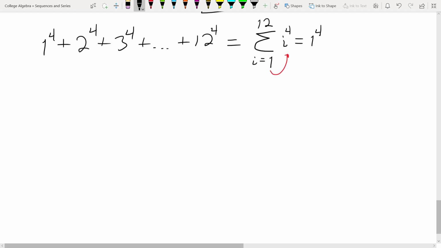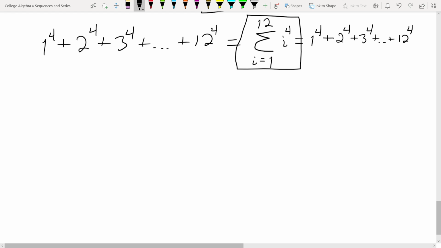Then we increase our index, so i equal to 2, and it goes 2 to the 4th power, and then 3, and then all the way on up to where we end, which is 12 to the 4th power. And you see that we do in fact get the exact same thing. So we know that our series is correct, and it's the correct condensed form of it.